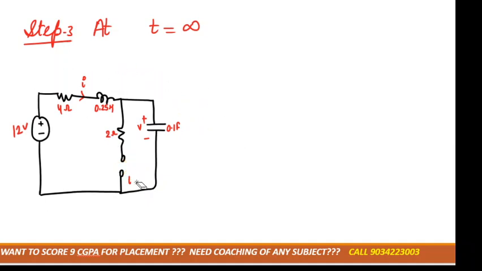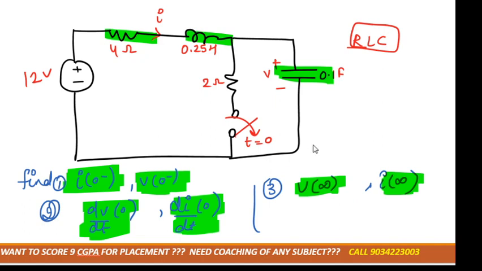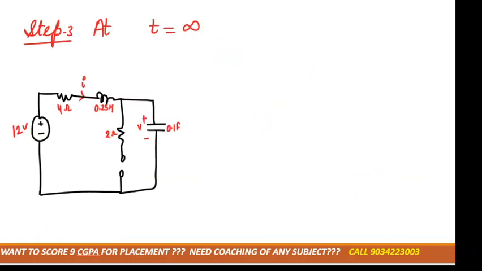So I can remove it. See the diagram. At t equal to 0 it was open, so at t equal to infinity also it will remain open, so there is no role of the 2 ohm, right? The circuit would look like this.